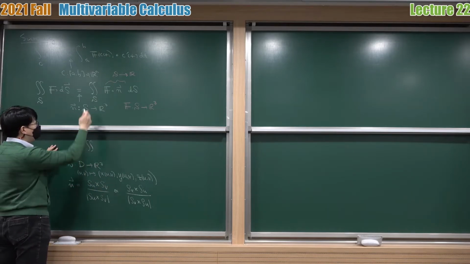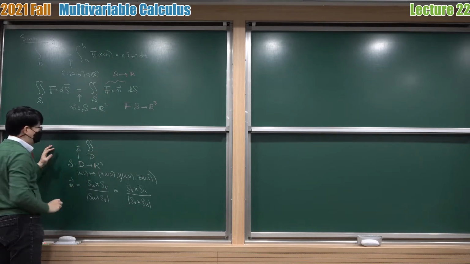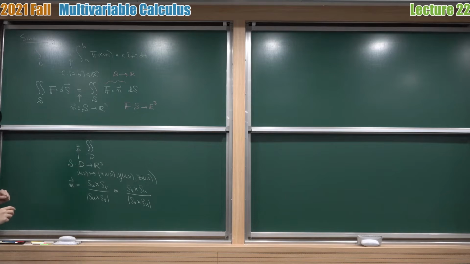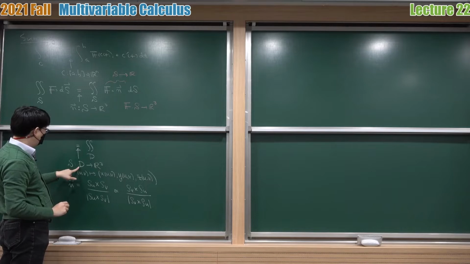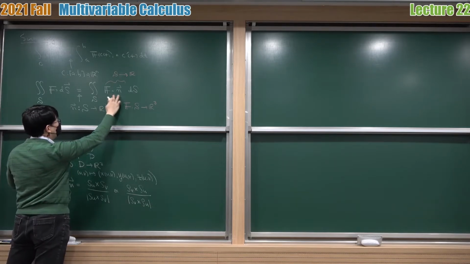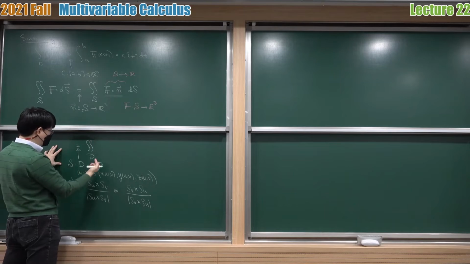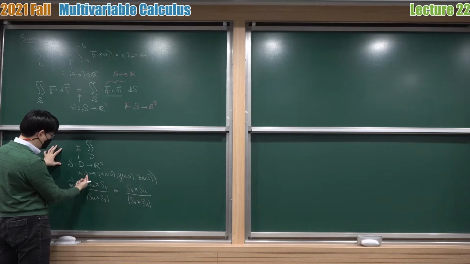So when we rewrite this surface integral, according to what we have discussed a long time ago, it's basically integration over the domain D. And we're going to evaluate this function at the surface, but that point on the surface (x,y,z) will be written in terms of (u,v).